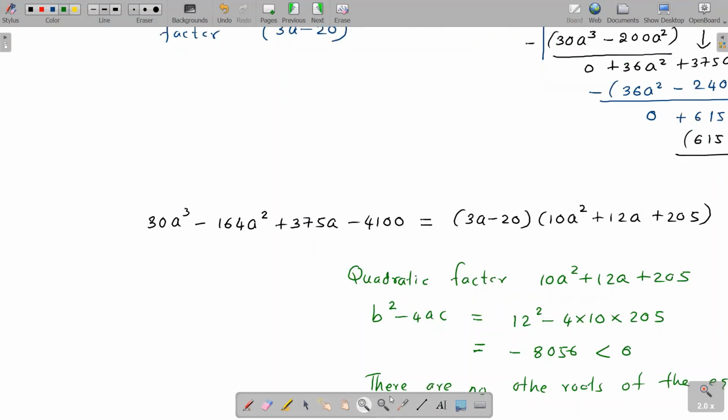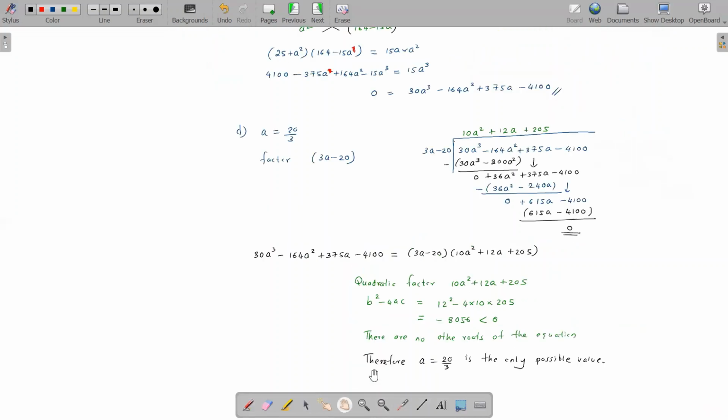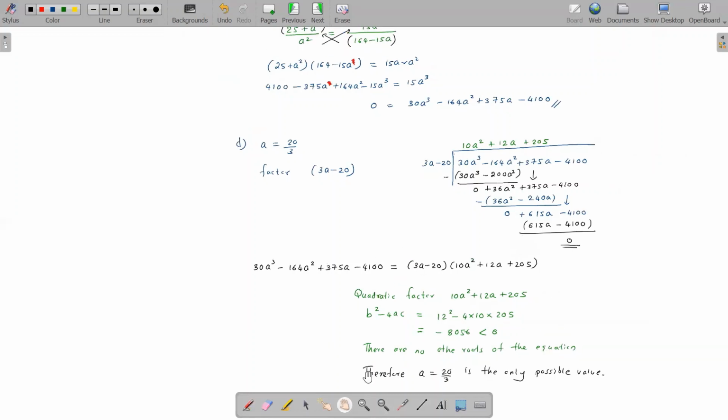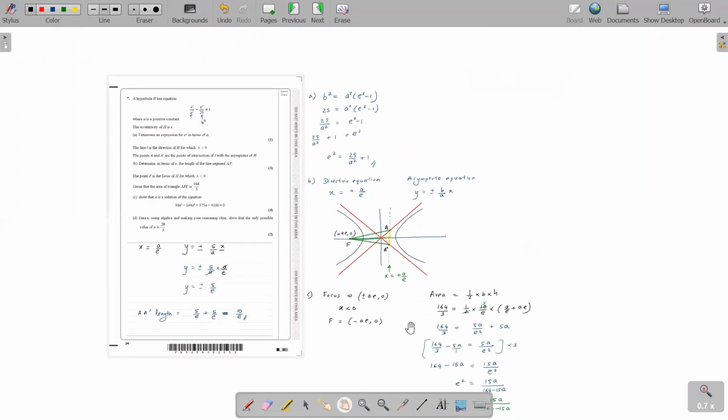Therefore, A equals 20 over 3 is the only possible answer. It's the only possible value. Can you see how we give the argument? Is this clear? Okay.